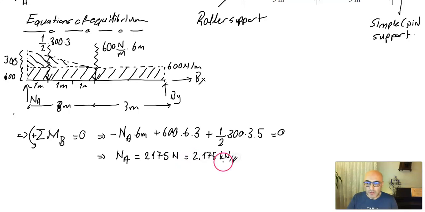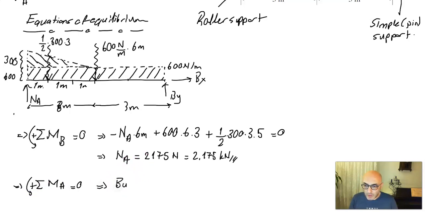Okay, so that's that. And for BY, we can write the moment equation around point A, and that would be equal to 0, sum of the moments.